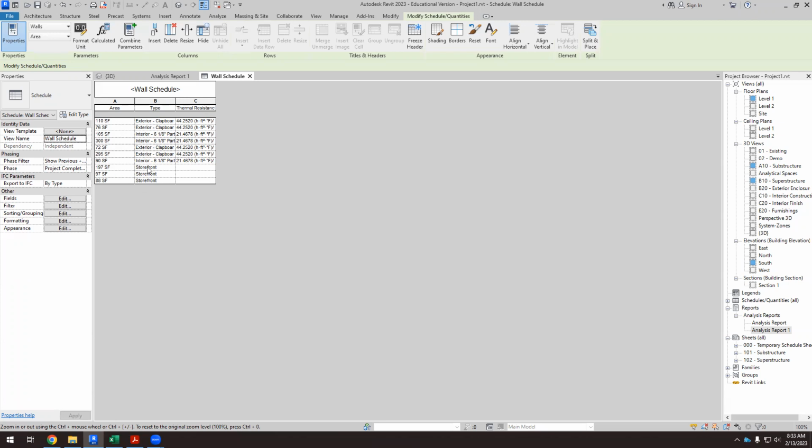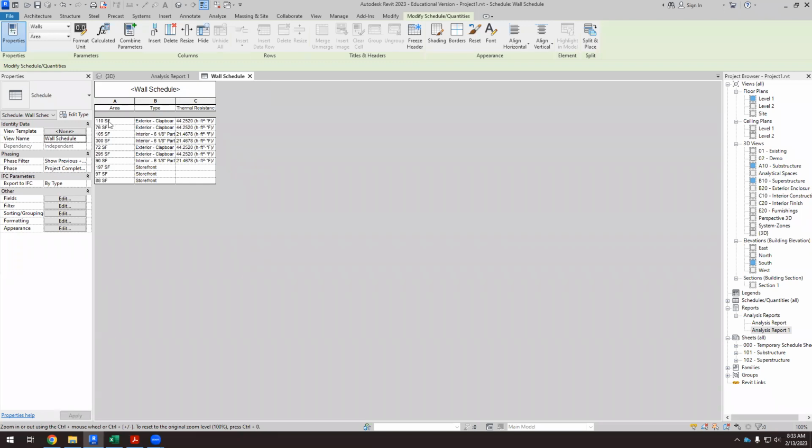The storefront, if we are considering it as glass, is not a wall itself, because this is a curtain wall. So that's good, because we have the thermal resistance, it's 44 in the exterior wall, 21 in the interior wall. We are not interested so far in the interior wall, only in the exterior.